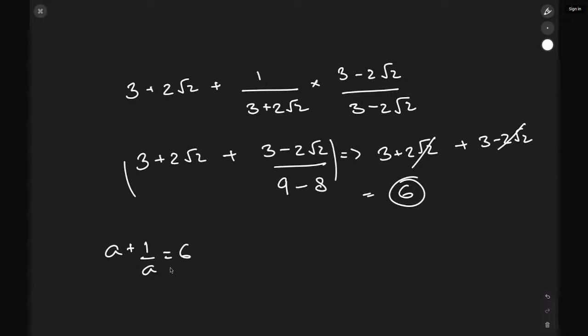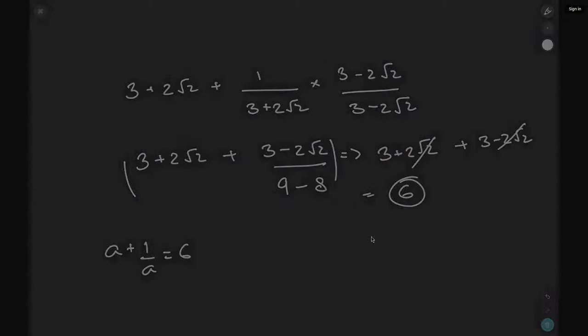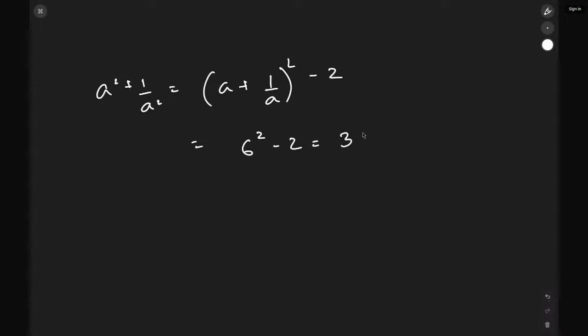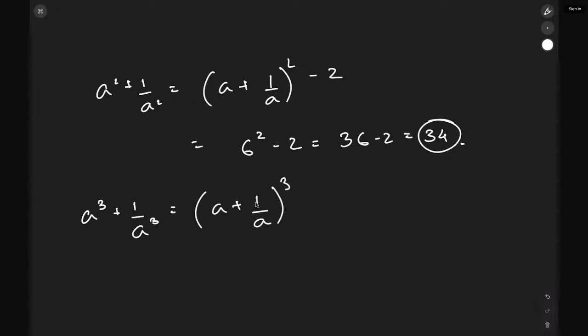This we know. What did we need to find? We were asked for a square plus 1 upon a square, which is equal to (a plus 1 upon a) whole square minus 2. This is 6 square minus 2, which is 36 minus 2, that is 34. Similarly, a cube plus 1 upon a cube will be (a plus 1 upon a) whole cube minus 3 times (a plus 1 upon a).